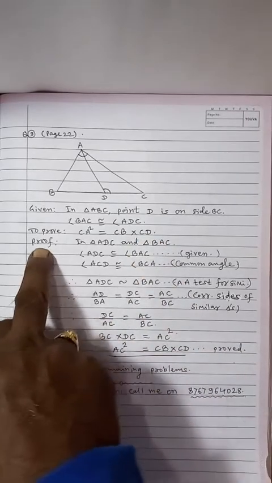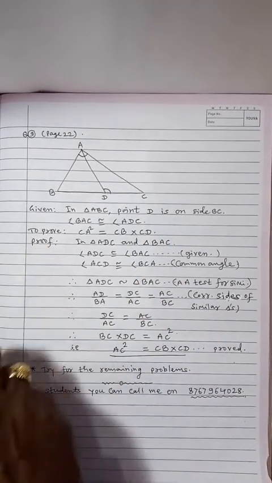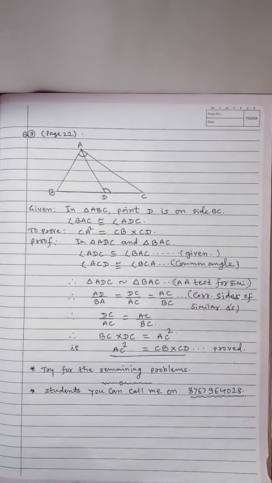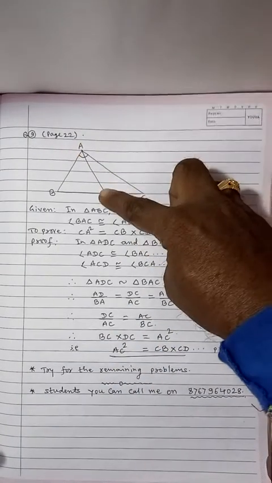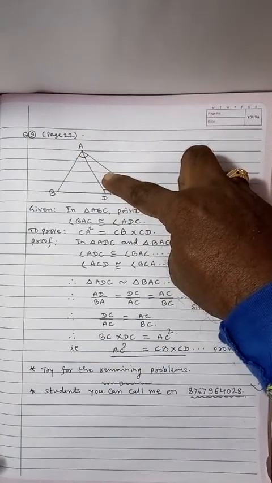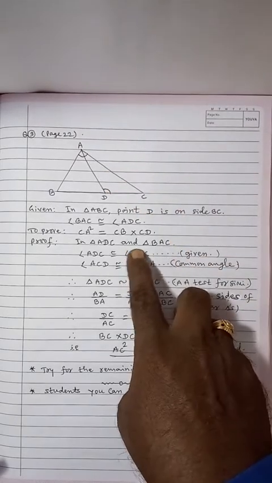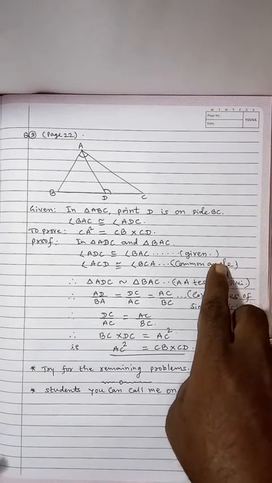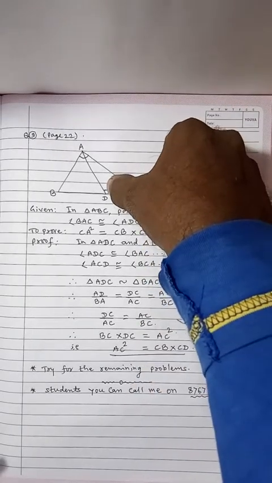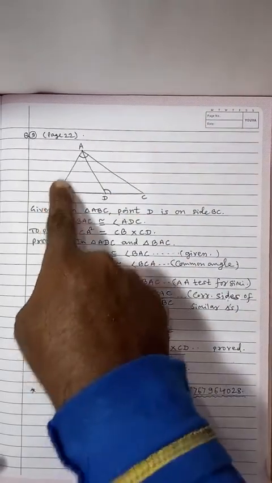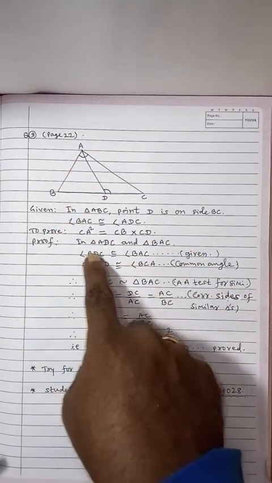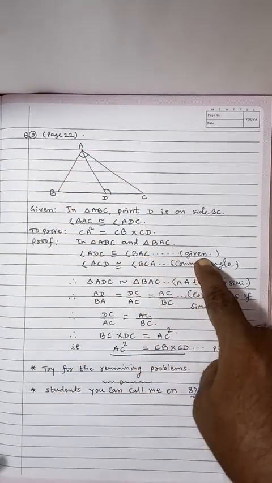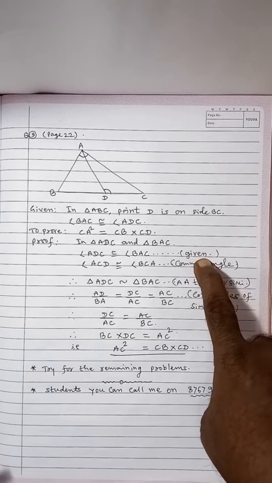We'll go for the proof. In triangle ADC and triangle BAC, what are we having? Angle ADC is congruent to angle BAC. This is given.